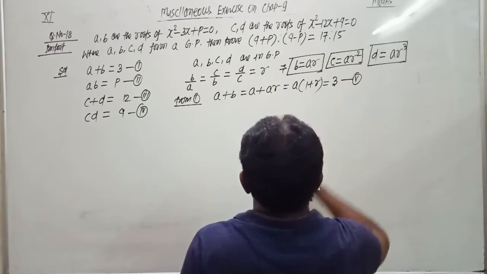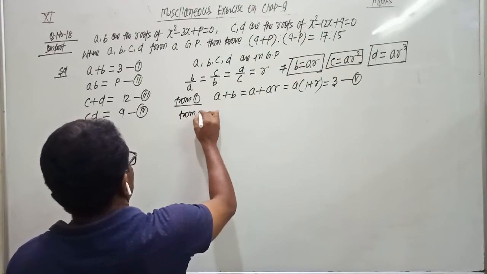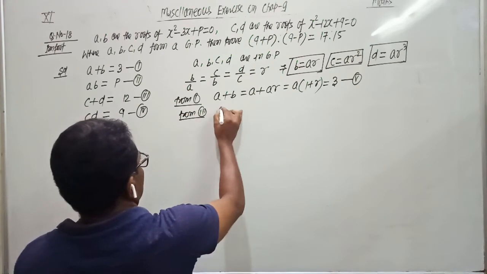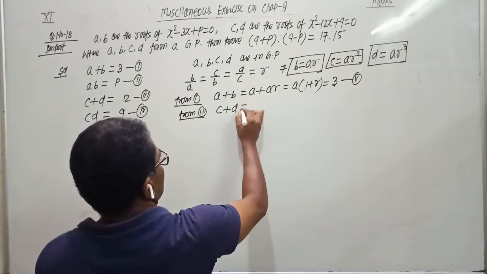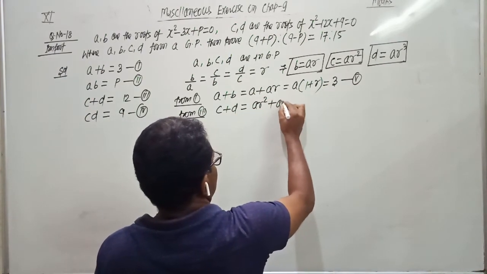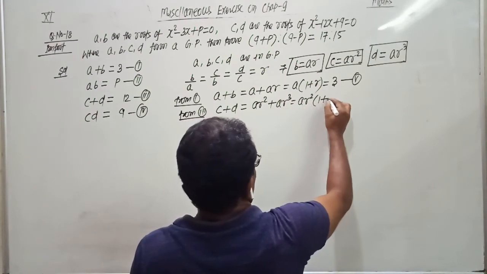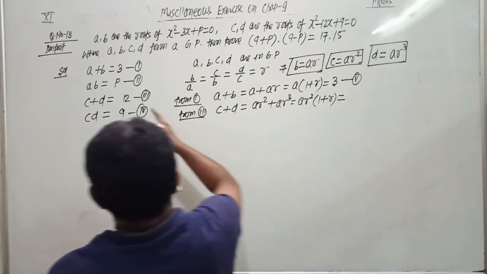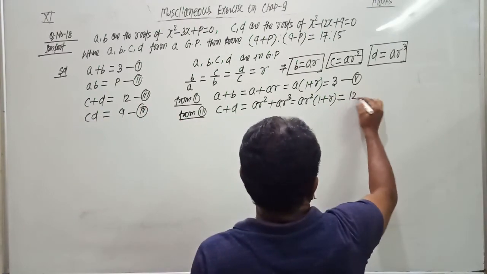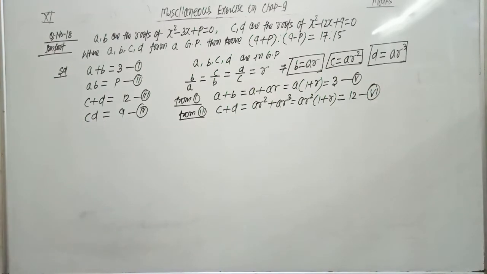Name it fifth equation. Now from equation number 3, the value of C plus D. C is written as AR square and D is written as AR cube, and AR square is taken common. So we get 1 plus R, and the value of C plus D equals to 12, and name it 6th equation.